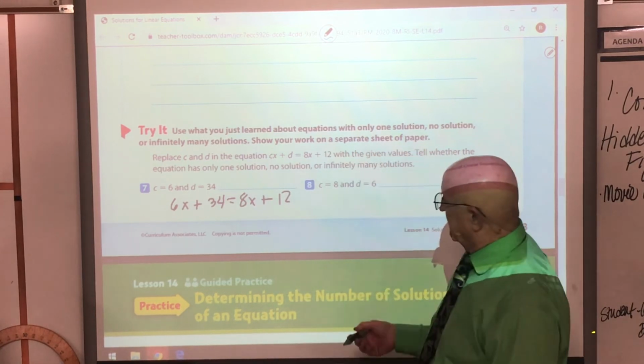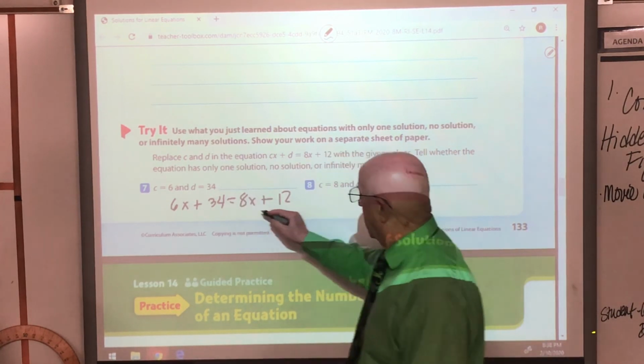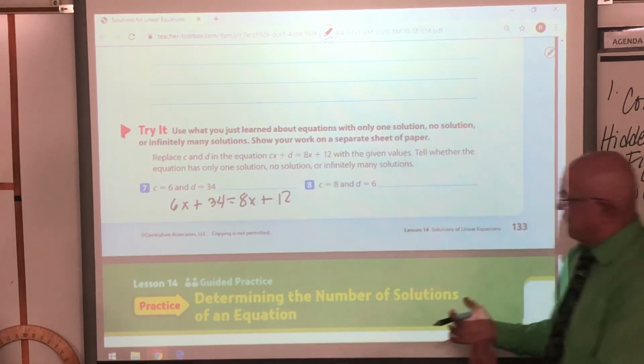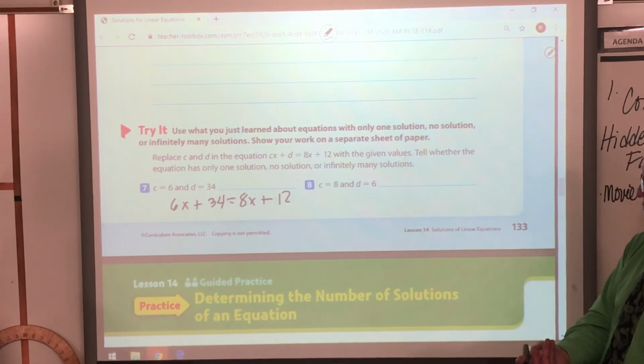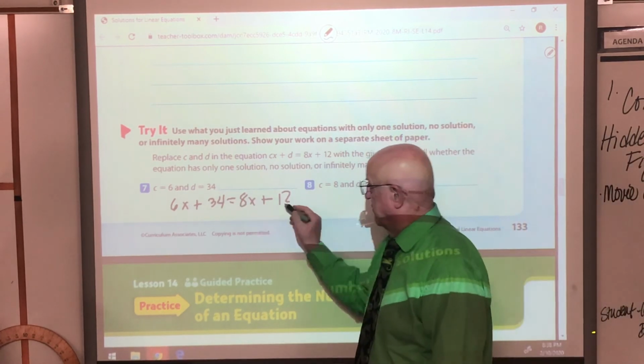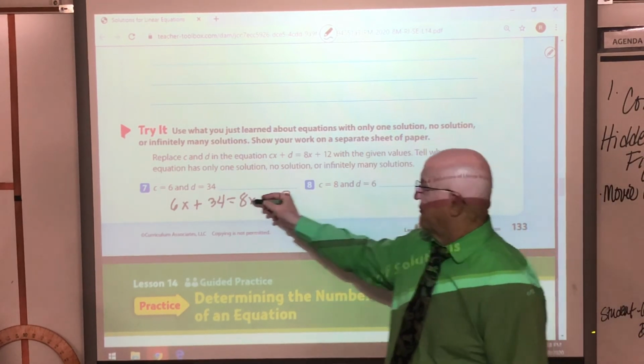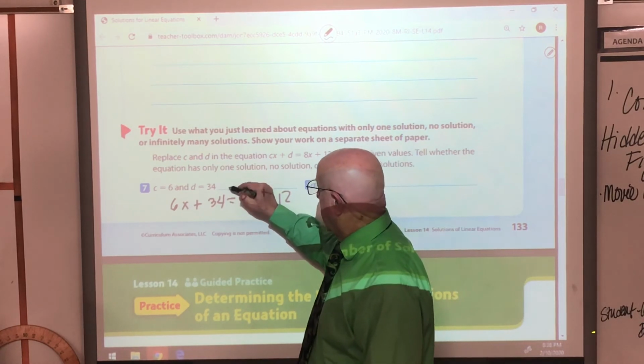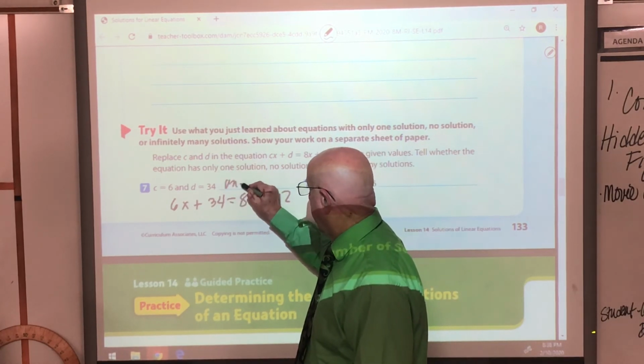So I have different x's, and I have different values for the constants. So the different x is going to give me one solution.